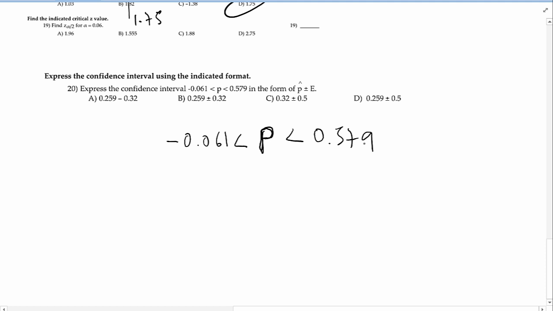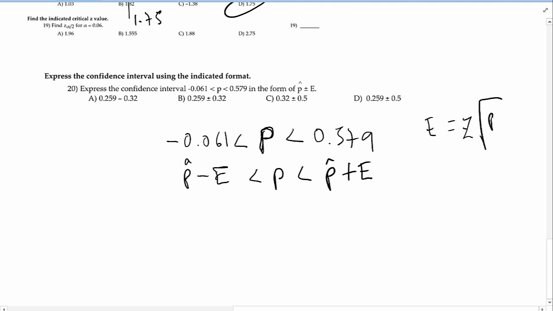So now, how was this proportion of the population estimated? Well, typically it is from the proportion in a sample minus a number, what is called the margin of error, to the proportion in the sample plus the margin of error. This margin of error for proportions is given by the z-value times the square root of pq over n.